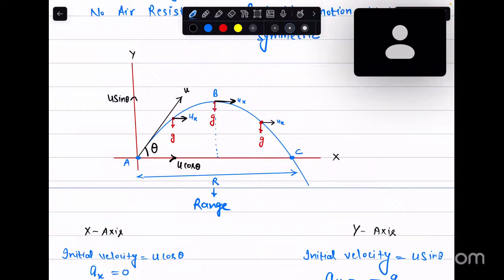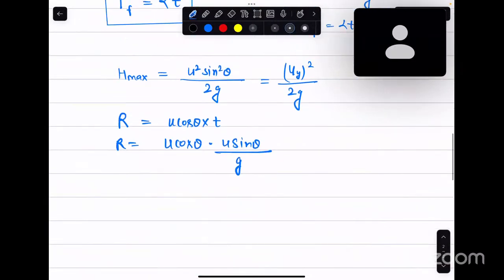I have put the time period from point A to point B, but I have to take it from point A to point C. So this will be capital T, that is time of flight T, which will be 2u sine theta into u cos theta by g.